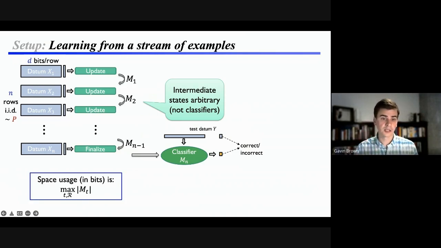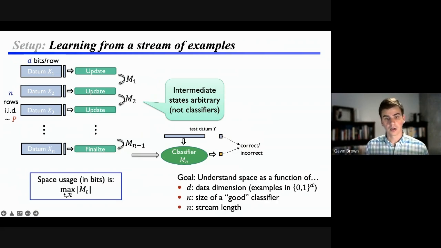We'll call the space usage of the algorithm the maximum, in bits, of the description of any of these memory states, where the max is taken over T and any randomness in the data or the algorithm. Our goal is to understand space as a function of the data dimension d, this parameter kappa, which will capture the size of a good classifier.